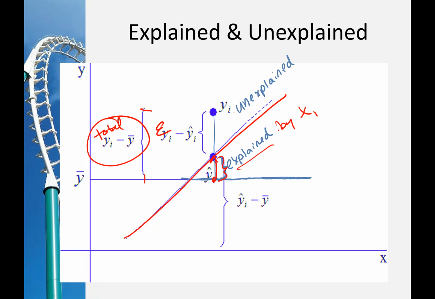The least comes from the fact that this line, the magic line, gives us the least amount of unexplained variance of all of the infinite number of lines that you could draw through the cloud. And that's why it's the magic line. It is the one line that explains the most and leaves the least amount of unexplained variance.